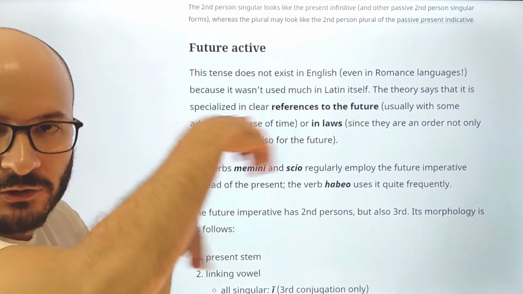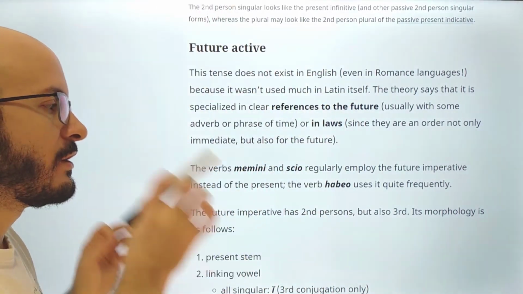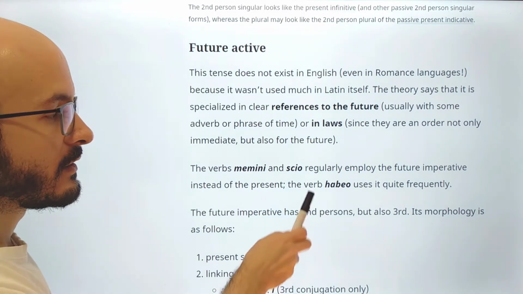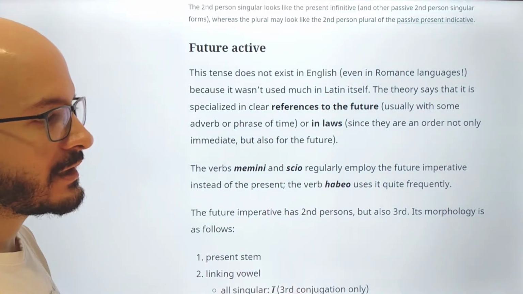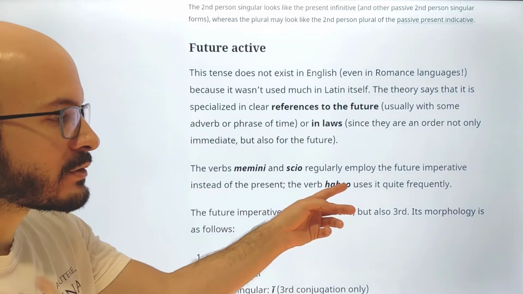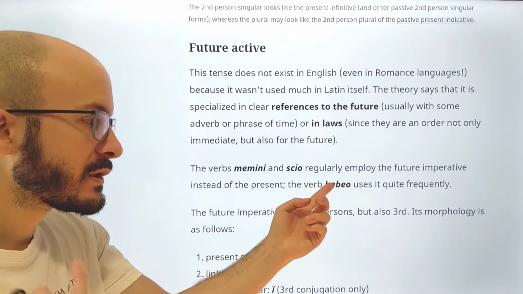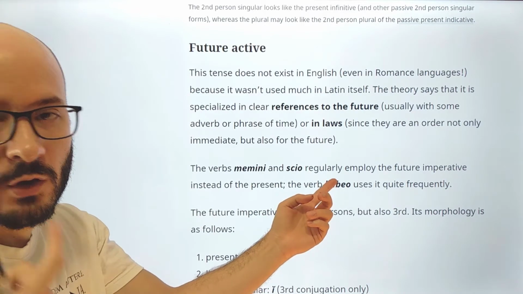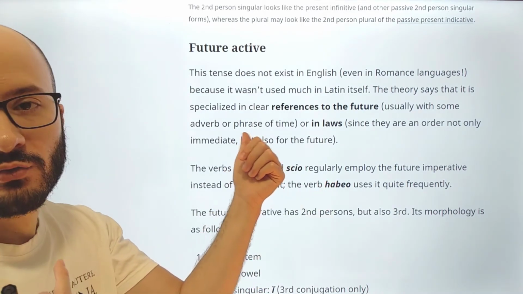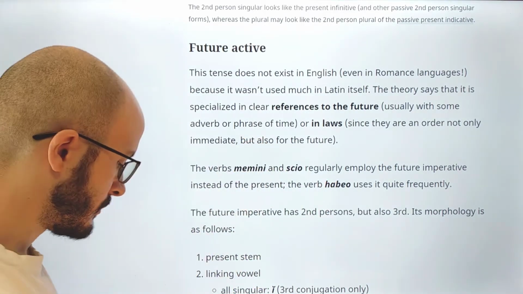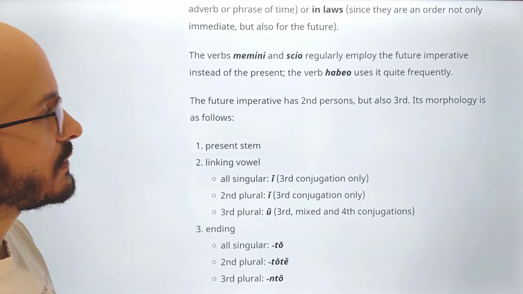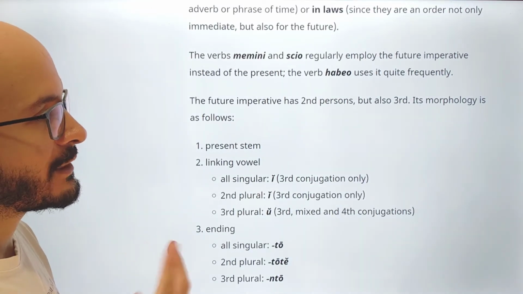It means just like a normal imperative, but they only have the future imperative. The verb habeo uses it frequently. Habeo can also have the present imperative, but quite often it will appear as future imperative. The future imperative has second persons but also third.